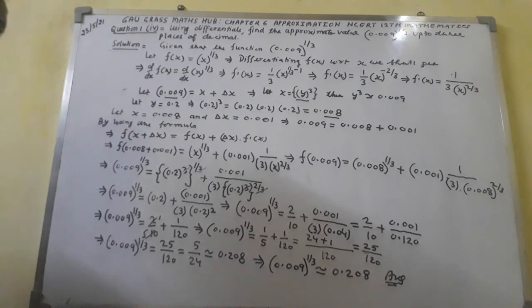I think it is correct. 0.009 raised to the power 1 over 3 comes out to be 0.208. The approximate value is 0.208. This is the proper solution of question number 1.